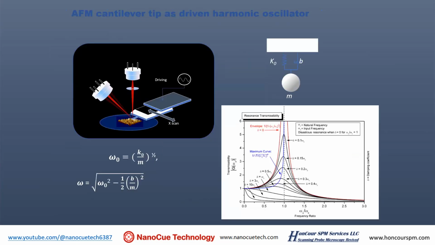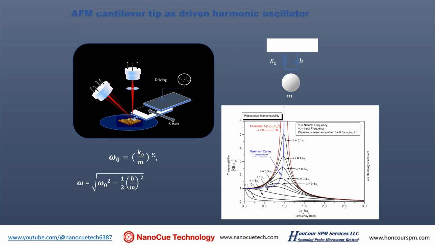So, okay, let's take a look at what happens when the tip and sample are engaged. The cantilever is vibrated using a drive, a piece of piezo, and some imaging modes use a magnetic field too. You can do magnetic drive too. When you drive the tip to oscillate, the cantilever will oscillate at a certain resonant frequency, and this resonant frequency is determined by its spring constant and its mass.